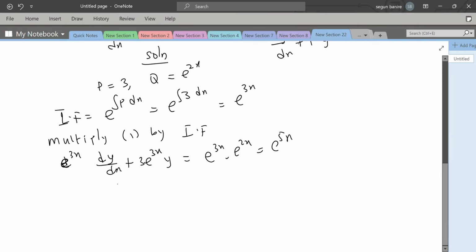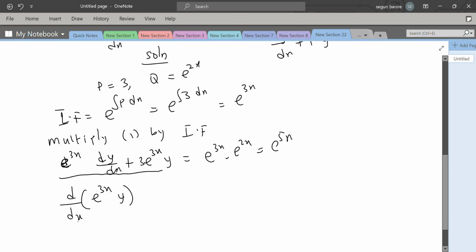I want you to take note that this whole thing on the left can be represented as d/dx of e^(3x)y. So this whole thing on the left could be rewritten like this. What does this mean?